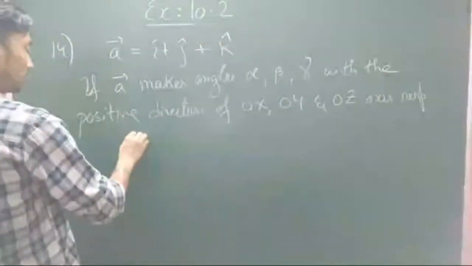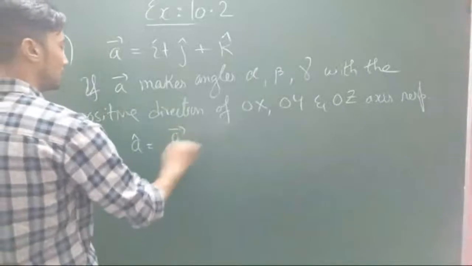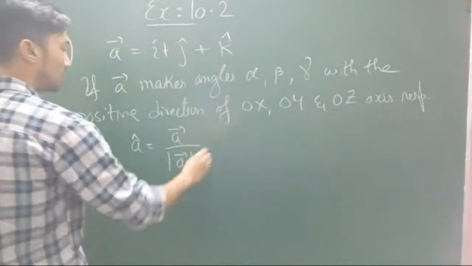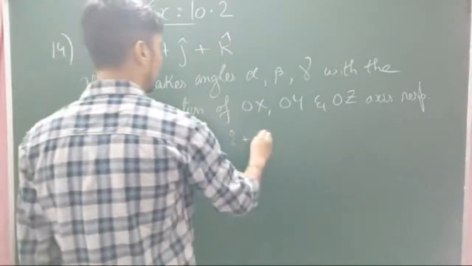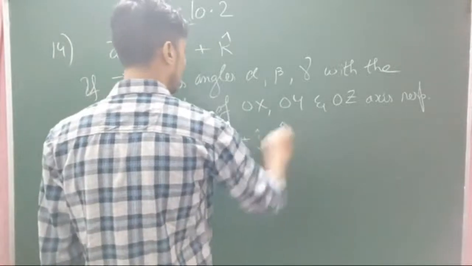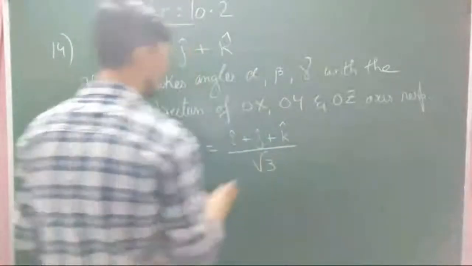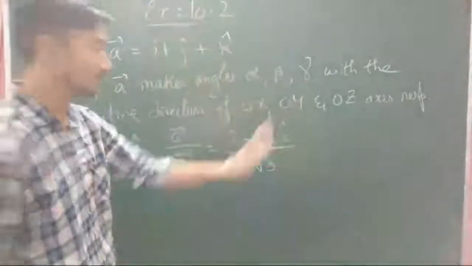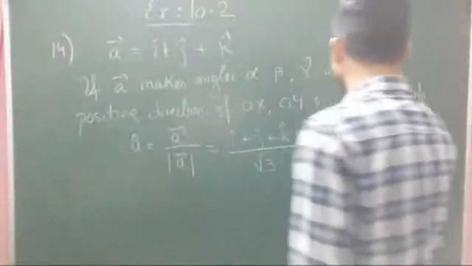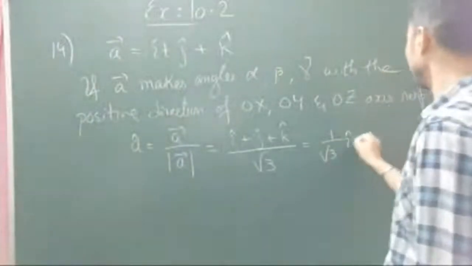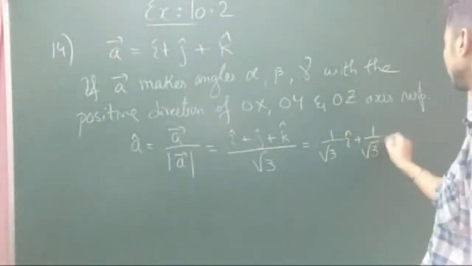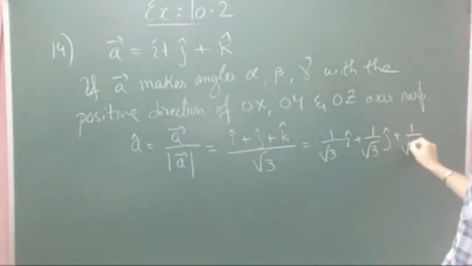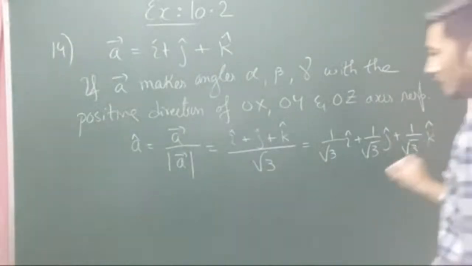So how do you find the direction cosines? Again, as usual, the vector divided by its magnitude. So i plus j plus k. So definitely this is going to be root over 3, isn't it? Because 1 square plus 1 square plus 1 square, 1 plus 1 plus 1 is 3. So that's 1 by root 3 i plus 1 by root 3 j plus 1 by root 3 k.